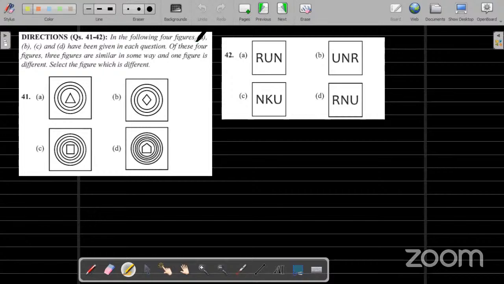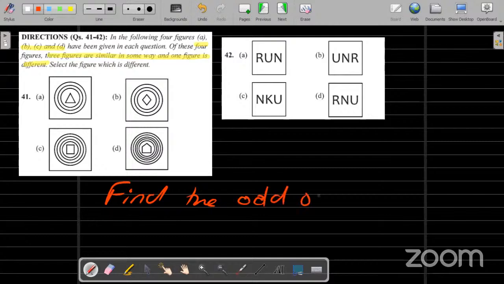In the following figures, A, B, C, and D have been given in each question. Of the 4 figures, 3 figures are similar in some way and 1 figure is different. So we need to find out the odd one. That is the question.